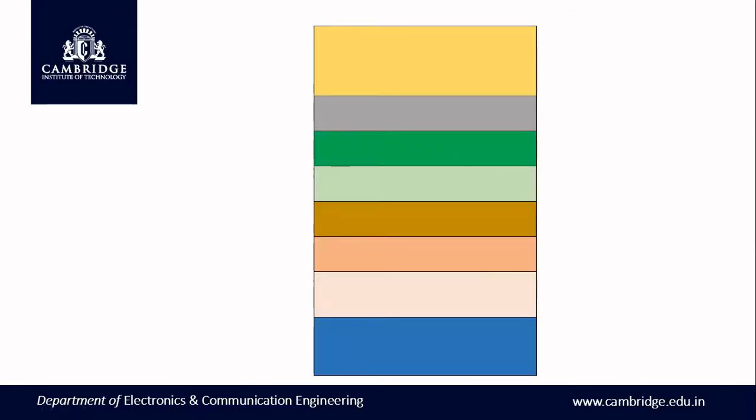So first let us see what is the memory map of the Cortex-M3 processor. The first region is the code region. The code region is used for storing the program and the vector table. You know that 1 KB of memory is required for storing the vector table, which has the addresses of the ISRs and the exception handlers, right?